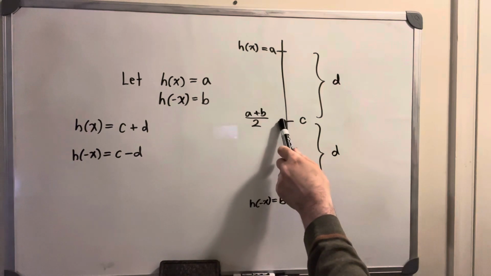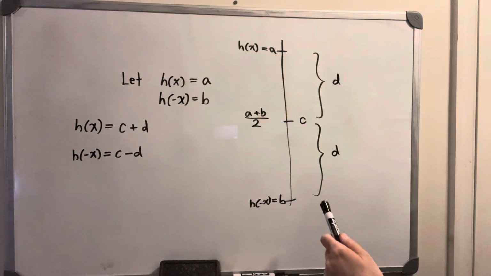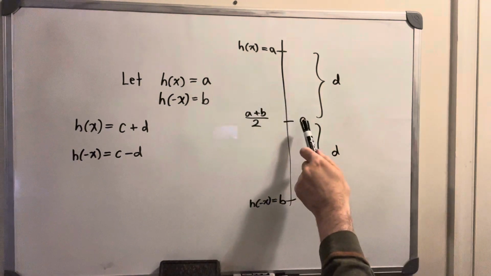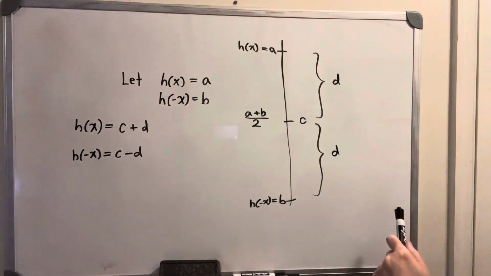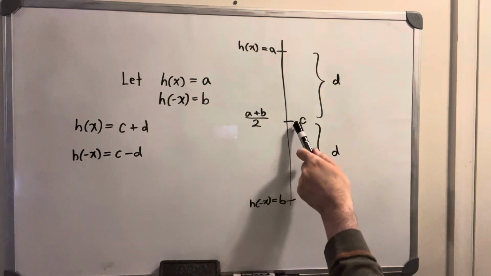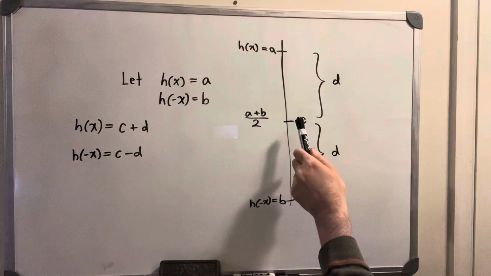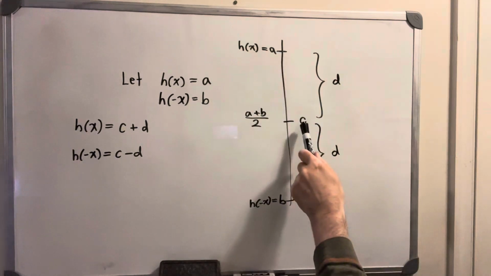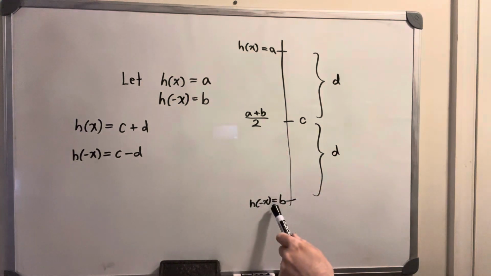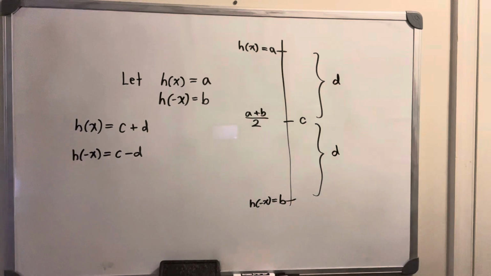We have c being the midpoint between b and a. So h of x is equal to c plus d, and h of minus x is equal to c minus d. Did I say that right? a is equal to h of x, which is c plus d, and b is equal to c minus d.